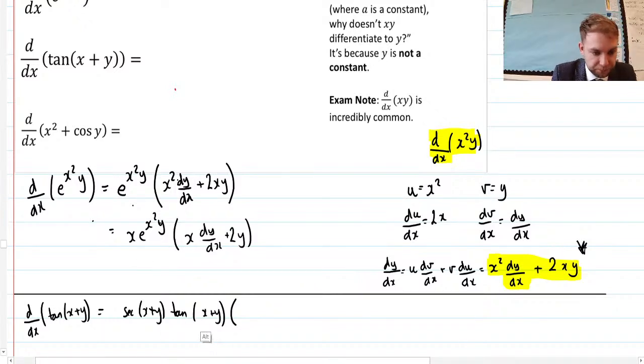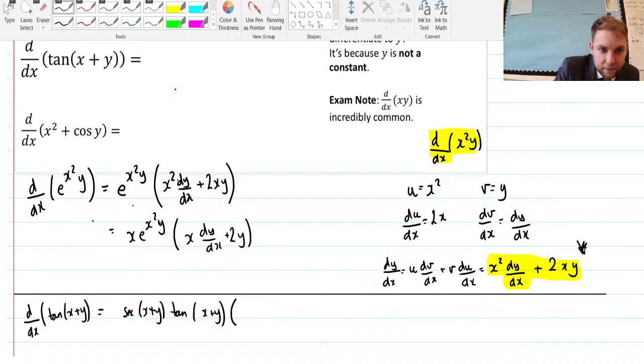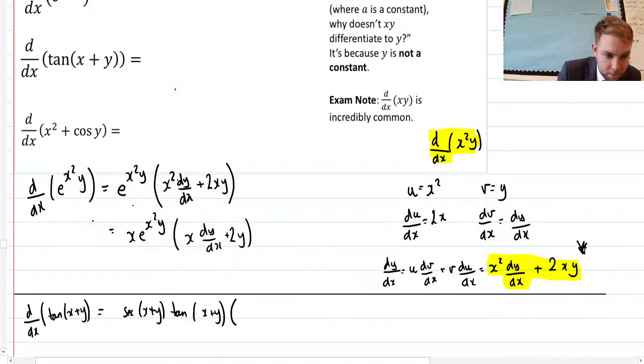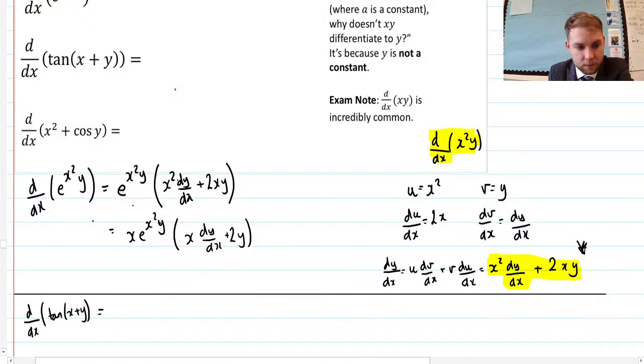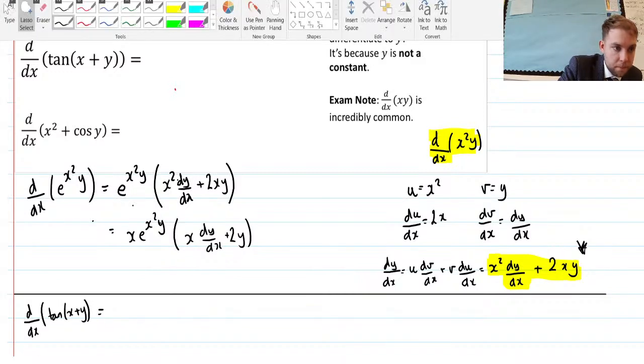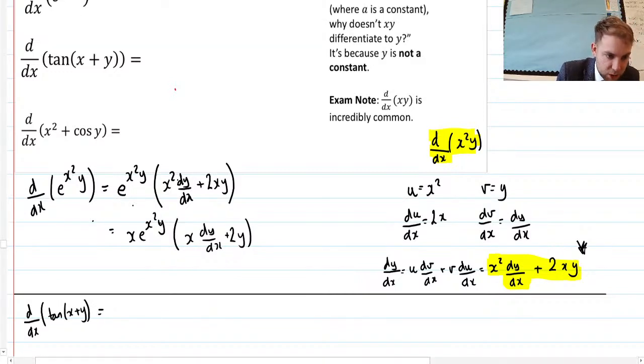Oh, I made a mistake. The differential of tan is sec squared x. So actually, this is equal to sec squared of x plus y.